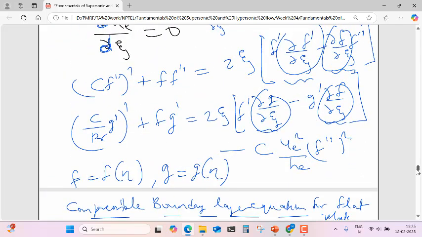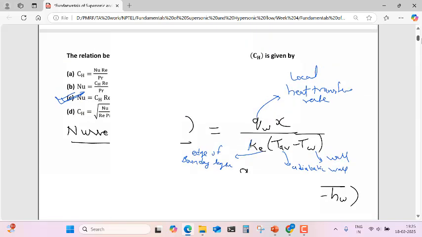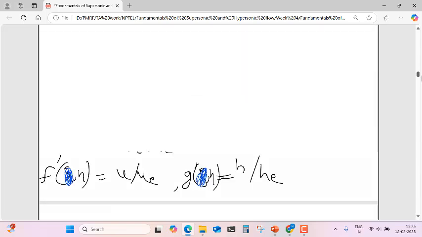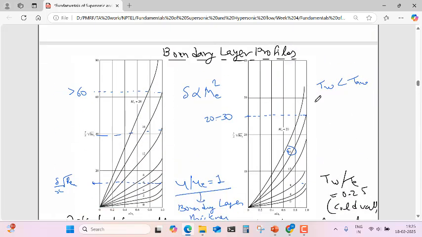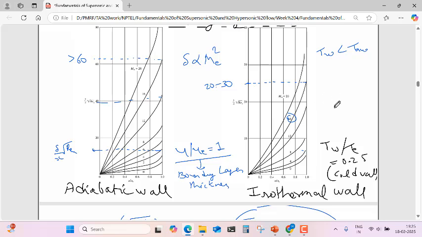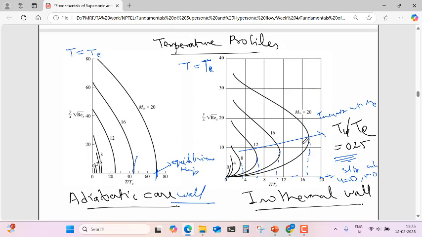Okay, so when you solve these, you will get a solution similar to this only. I showed the velocity profile before. You will get the velocity profile same as this one for the isothermal wall, and the temperature profile same as this one.